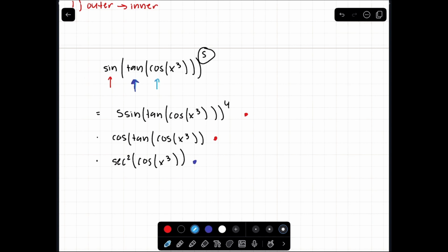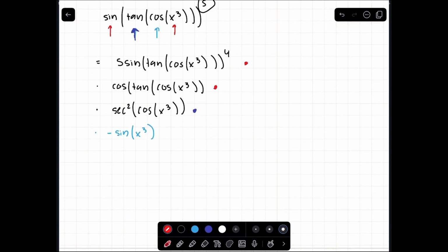Now for cosine, negative sine x cubed. Now for the last one, x cubed, we'll have 3x squared. So you put those all together, and that will be your answer.